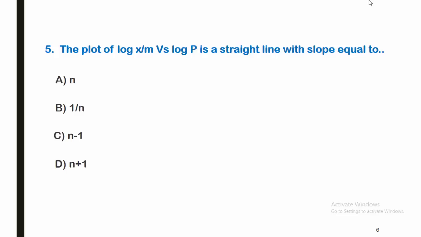The options are: option A, n, option B, 1/n, option C, n minus 1, option D, n plus 1. The right answer of this question is option B, where the plot of log x/m versus log p proves the application of the Freundlich adsorption isotherm.